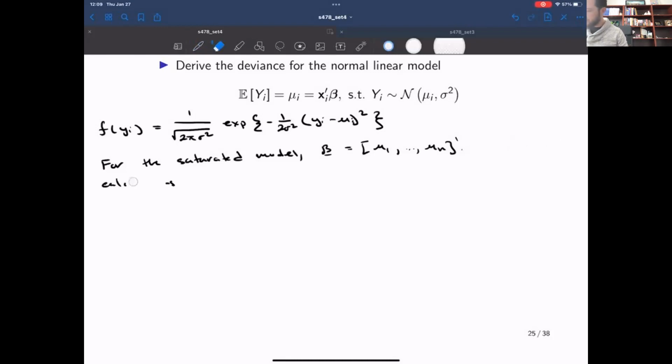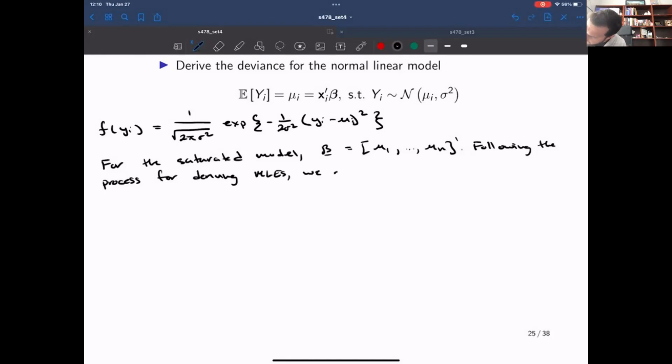So sorry, not through previous calculations, but following the process for deriving MLEs, we can show that mu hat i is equal to yi. Okay.